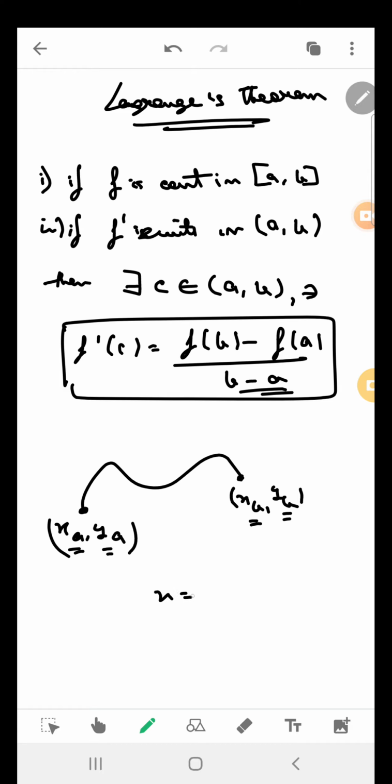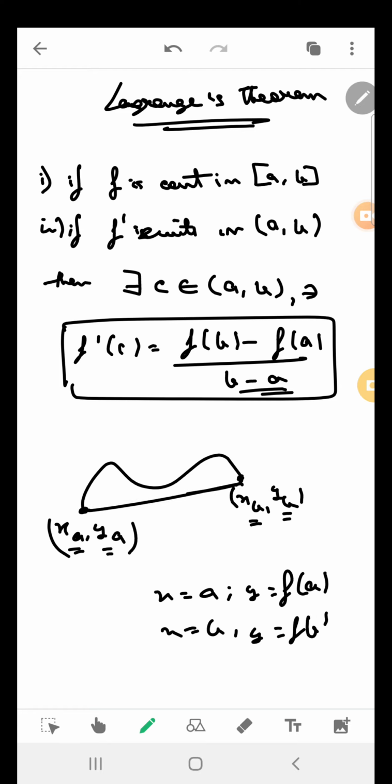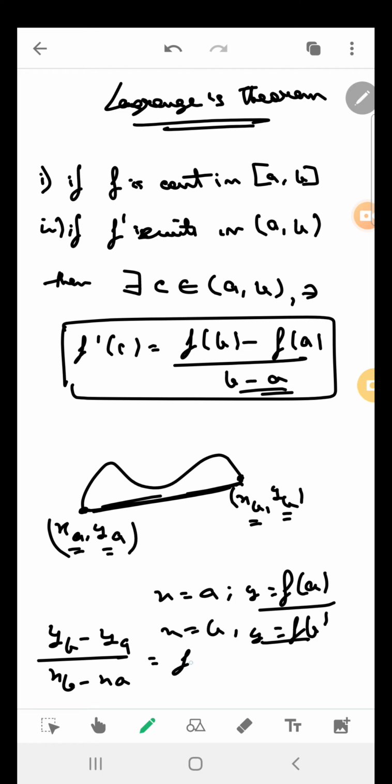Basically when x equals a, y must be equal to f(a), and when x equals b, y is equal to f(b). So if we join a line like this and try to find the slope between these two coordinates, we can write it as y_b minus y_a over x_b minus x_a, which is f(b) minus f(a) over b minus a.